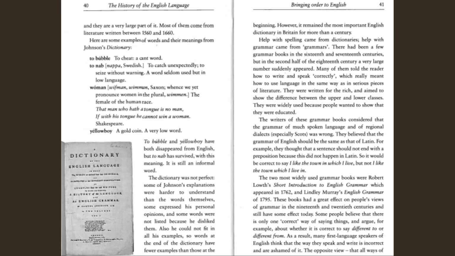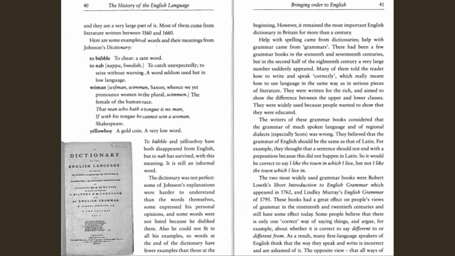So, it would be correct to say, "I like the town in which I live," but not, "I like the town which I live in." The two most widely used grammar books were Robert Lowth's Short Introduction to English Grammar, which appeared in 1762, and Lindley Murray's English Grammar of 1795.